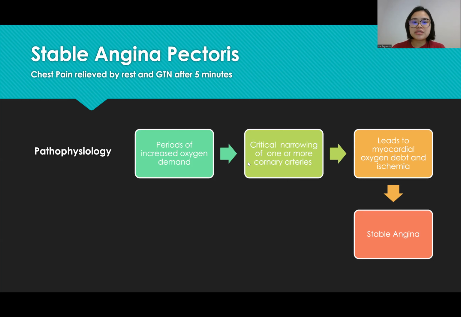When this happens, the narrowing of arteries occurs, which leads to myocardial death and ischemia. And then when the ischemia happens, chest pain happens, and that's what we call stable angina, when the chest pain is relieved by rest and GTN within 5 minutes.